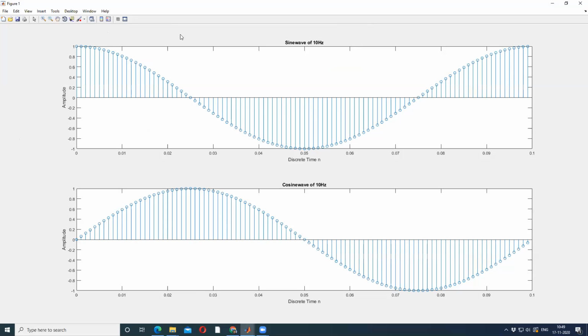In this wave, the first one is the cosine wave and the second one is the sine wave. In both we have one cycle. Here we have a quarter positive cycle, a full half cycle, and the next quarter positive cycle, and here you have the positive cycle and the negative cycle.